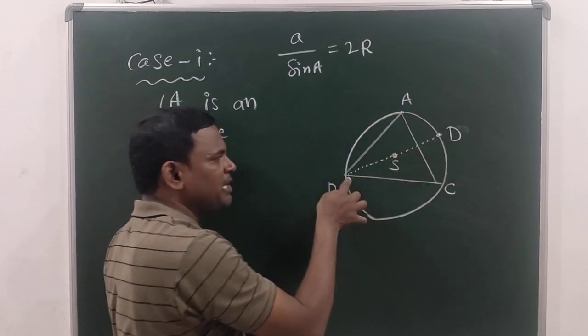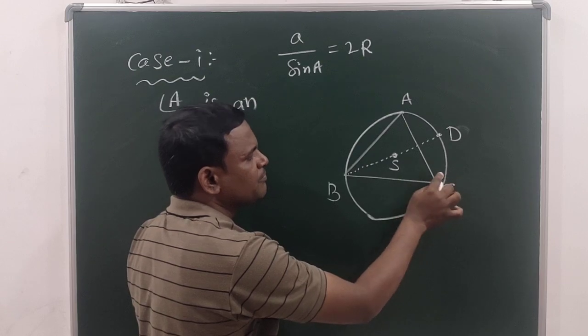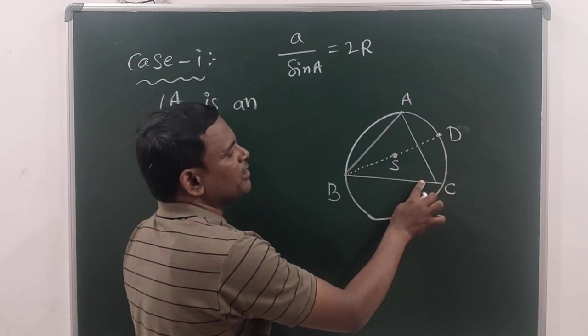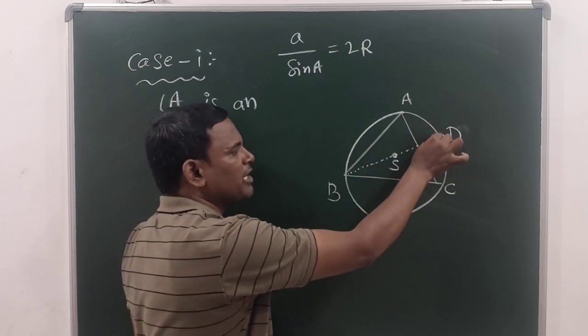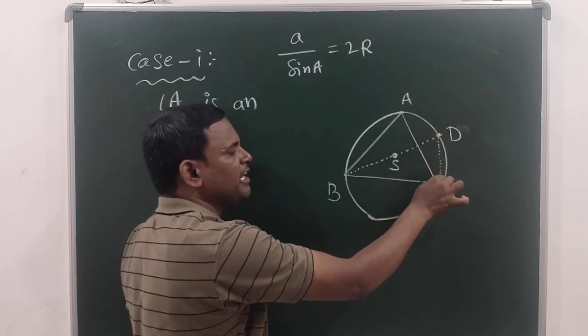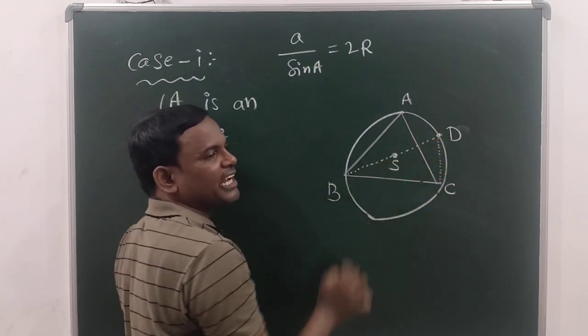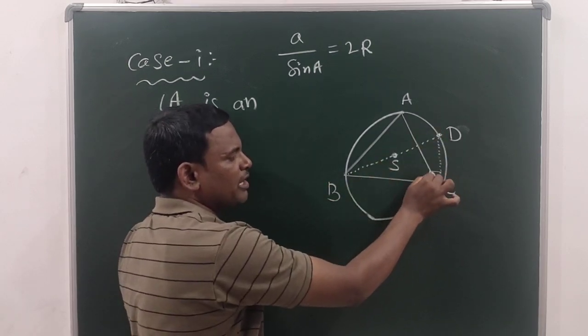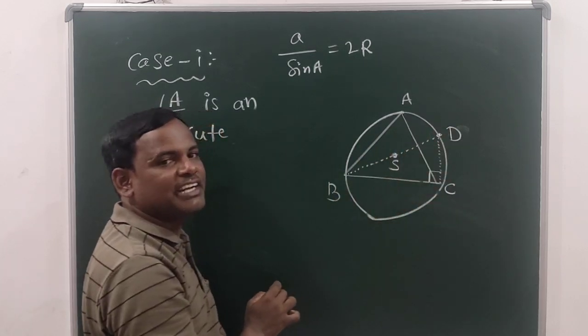If it is a diameter, you know what this angle will be. I am connecting B, D and C. Now one triangle BCD is formed, where angle BCD will be 90 degrees.